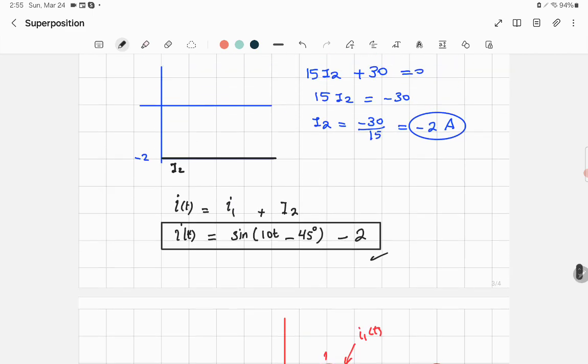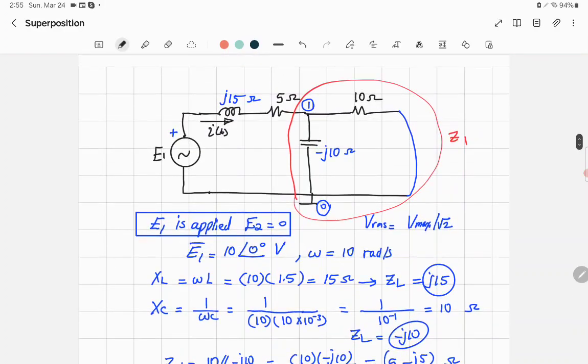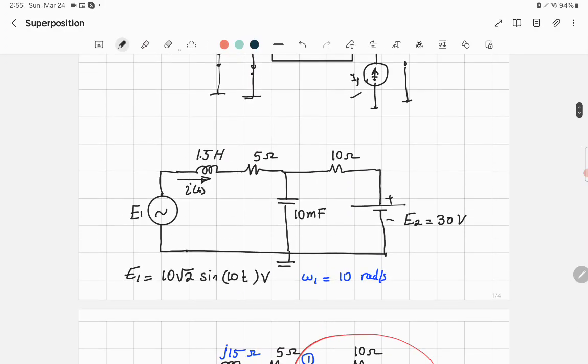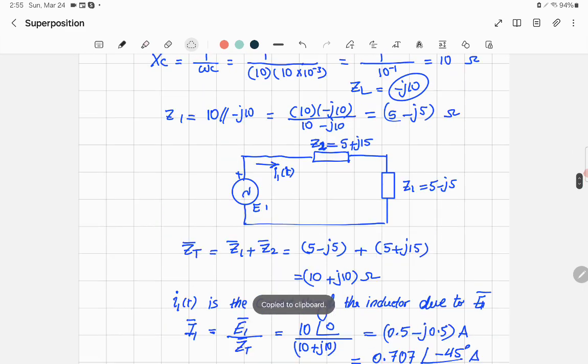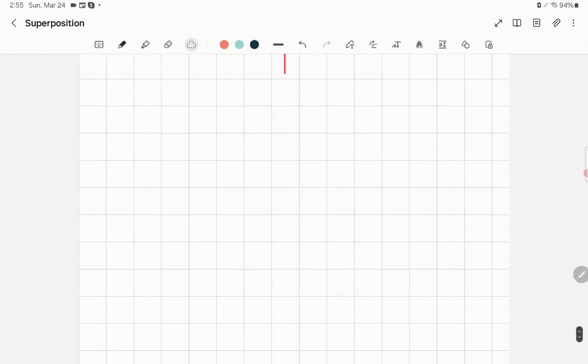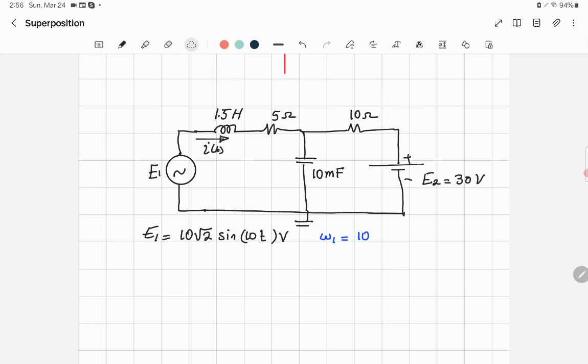I will just give you a simple assignment. This circuit, I'm just going to give you something simple here. The same circuit, we have it. I'm going to have E2 different this time.